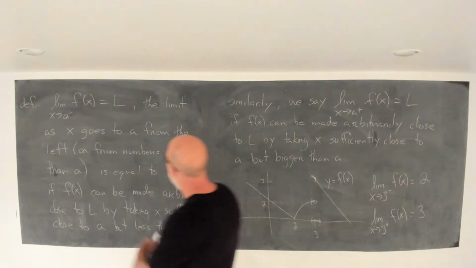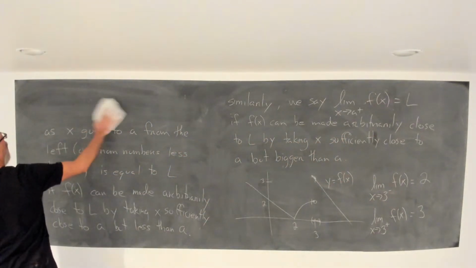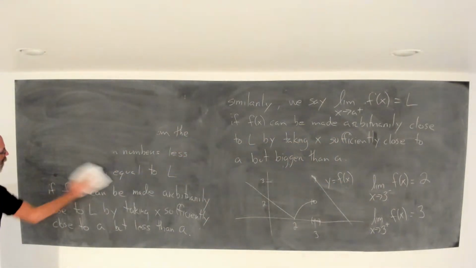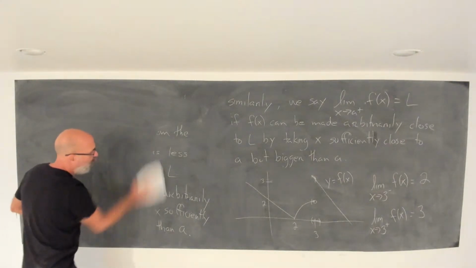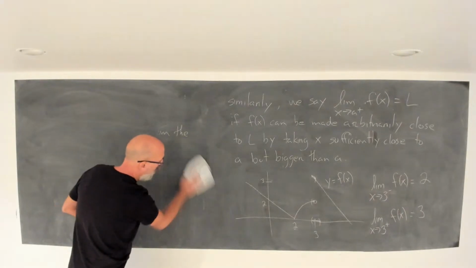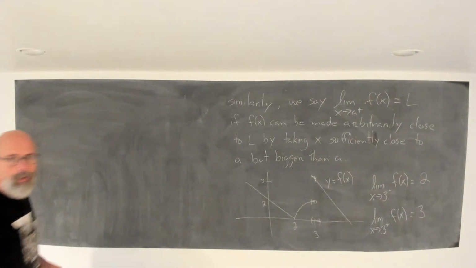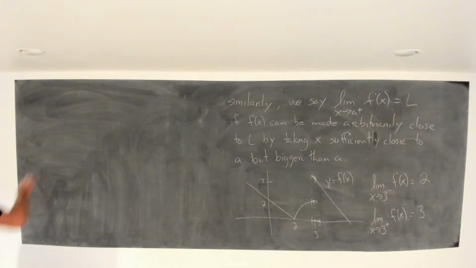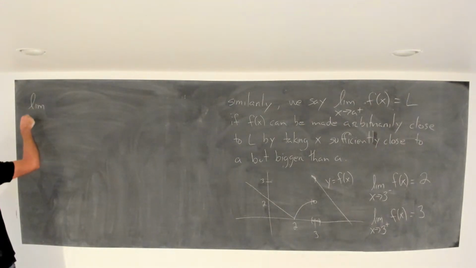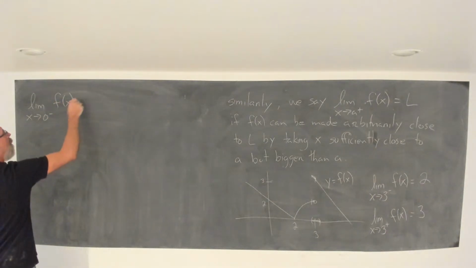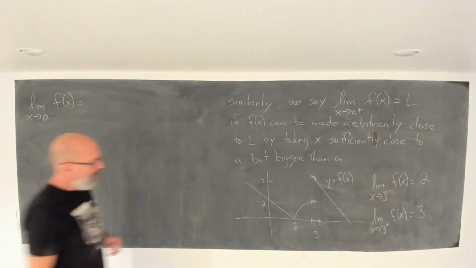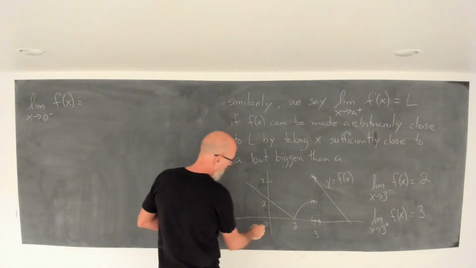What about the limit as x goes to 0 from the left? What is happening?